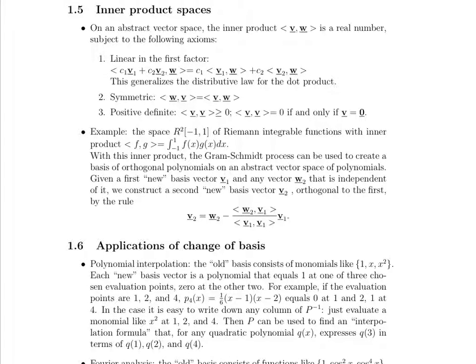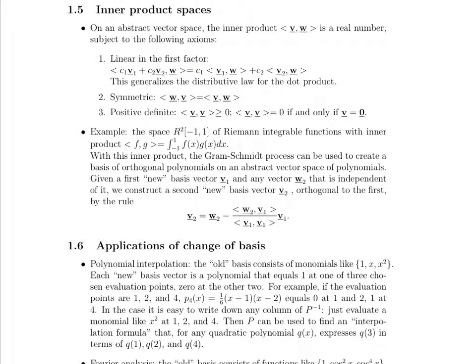Another interesting characteristic of abstract vector spaces are inner product spaces. The inner product is a real number on an abstract vector space. It is written like this notationally, and it is subject to the following axioms, the first being that it's linear in the first factor.